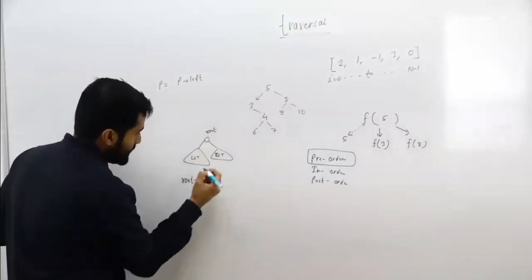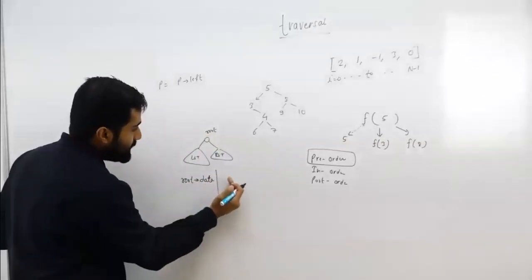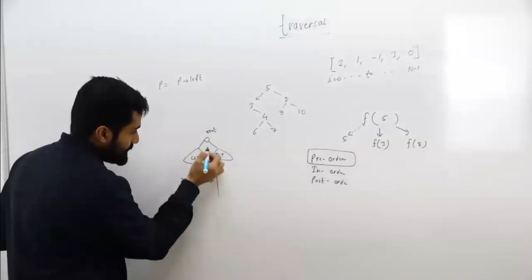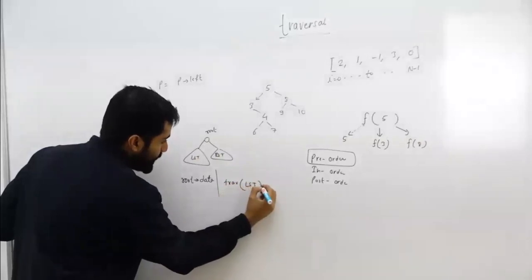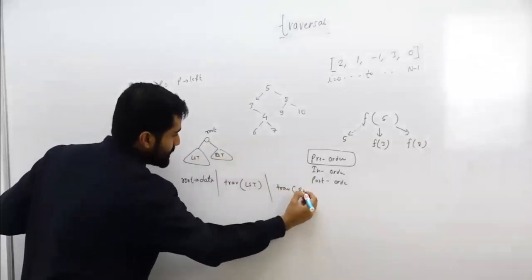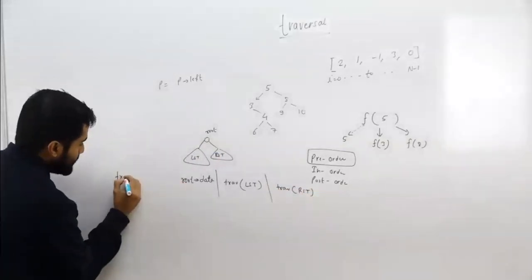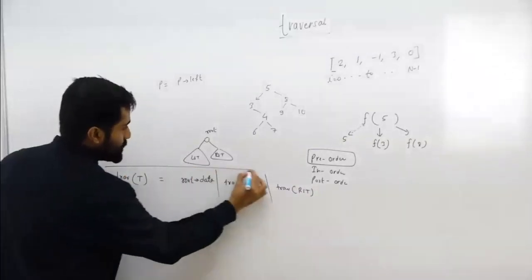So whatever is the data or value present in this root, you print that. And after that, you should traverse the entire left subtree. And after that, you should traverse the entire right subtree. So basically it is saying that traversal of the complete tree is equal to this thing.